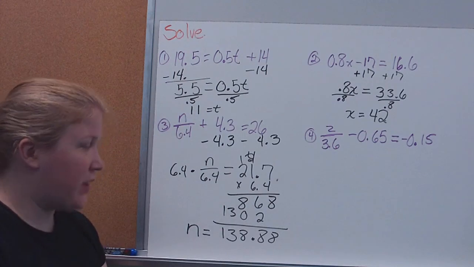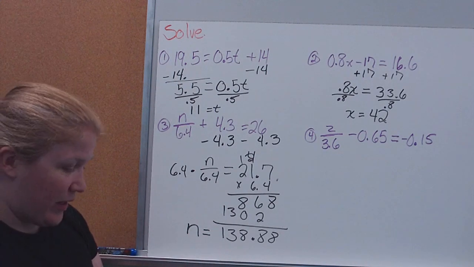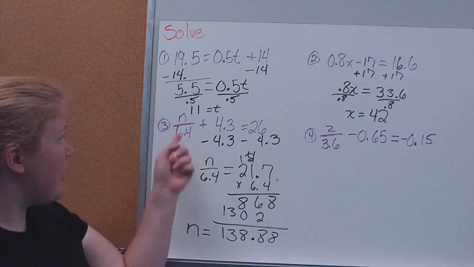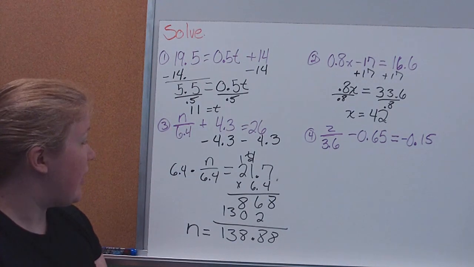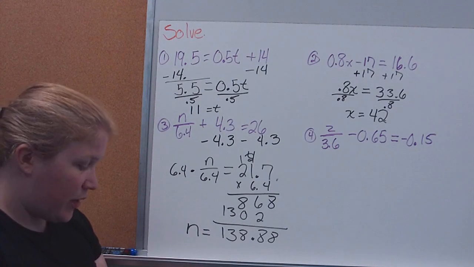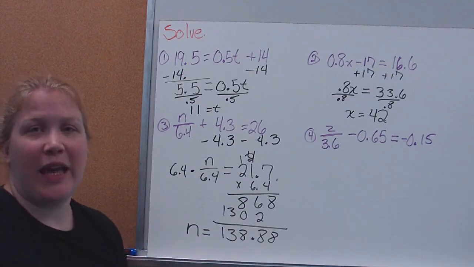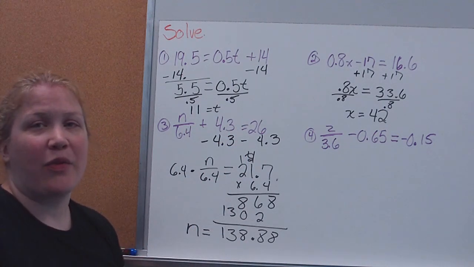I'm going to check my work since I did that multiplication rather quickly and in my head to make sure I have it right. So if I take this number and I plug it in, 138.88 divided by 6.4 plus 4.3 gives me 26. It checked out. My math was correct.